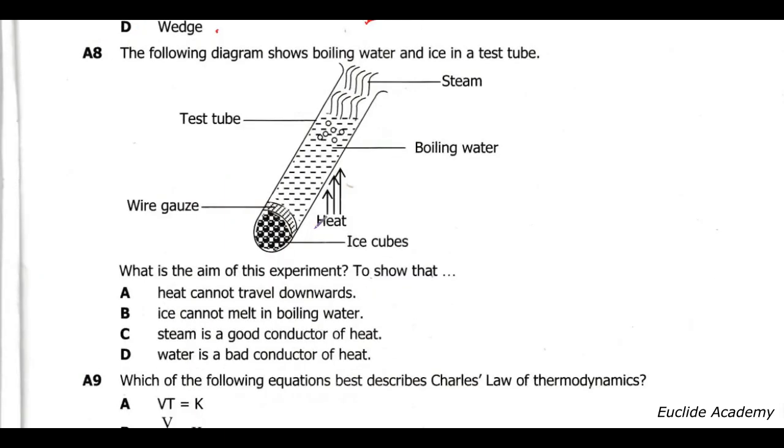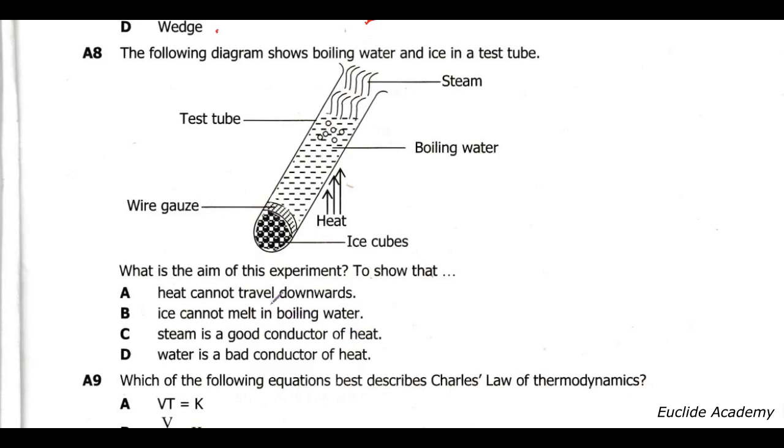The aim doesn't necessarily have to be the truth. It's just the fact we want to find out, or myth, or a theory we want to test. So is it that water is a bad conductor of heat? Don't think so. Steam is a good conductor of heat? Don't think so. Ice cannot melt in boiling water? I don't think so. Heat cannot travel downwards.